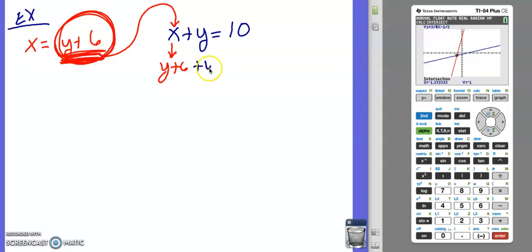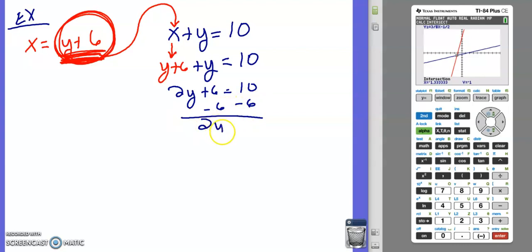And then you still have plus y equals 10. And then we're just going to solve that equation. So 2y plus 6 equals 10, minus 6 from both sides. Divide both sides by 2, and y equals 2. And again, don't stop working the problem. Remember, keep in mind what we're trying to find.